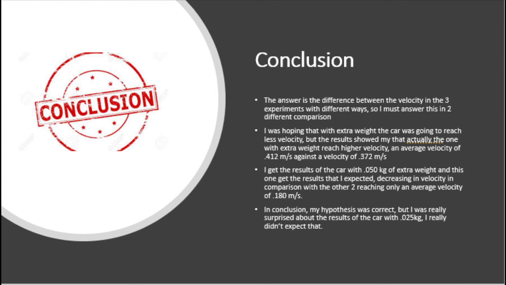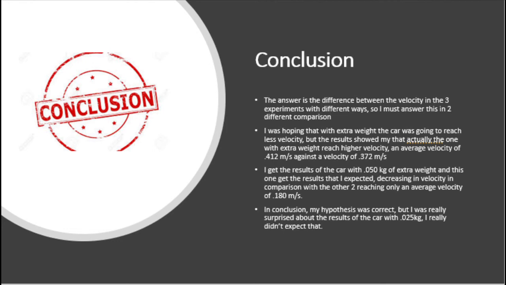The answer that I am looking for is the difference between the velocity in the three experiments with different weights. So I have to answer this in two different comparisons between the data collected. First, comparing the one with no extra weight with the one with 0.025 kilograms of extra weight. Analyzing both results, I get a different result from what I expected.